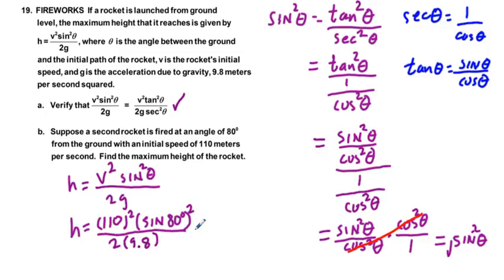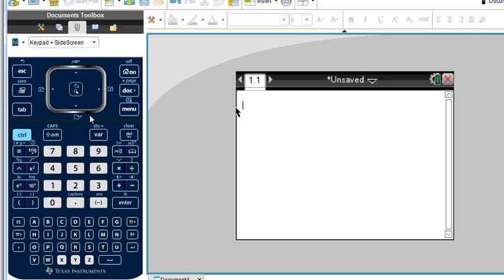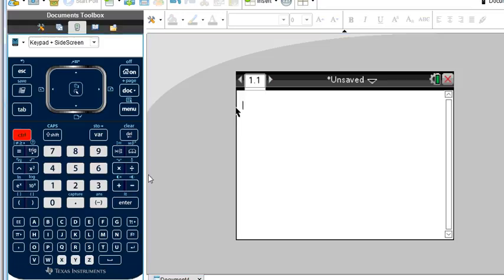And so we just need to go to our calculator. I think it's the only time in this entire section I'm going to be using the calculator. So we have 110 squared times sine of 80 degrees.